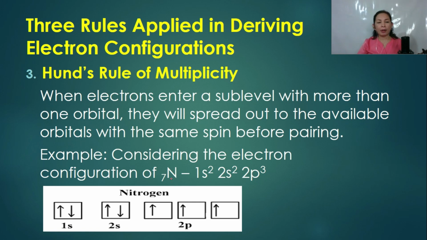Okay, for example, here the nitrogen having 7 electrons. So this is our electron configuration: 1s2, 2s2, 2p3. Now in writing the orbital diagram, 1s has complete electrons, 2s has complete electrons, and then in 2p, since we only have 3 electrons, we have to distribute one each first.